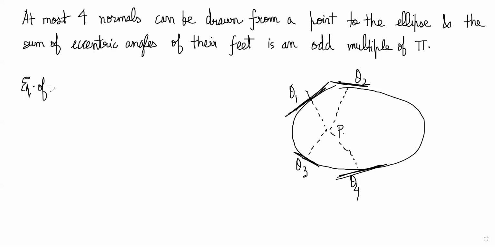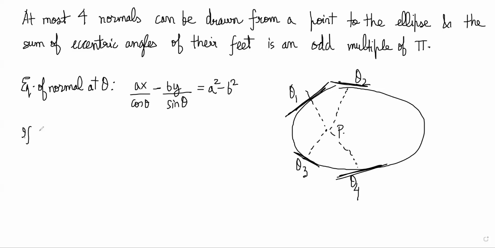Equation of normal at theta. We know in the parametric form, it is ax by cos theta minus by by sine theta is equal to a square minus b square, right?